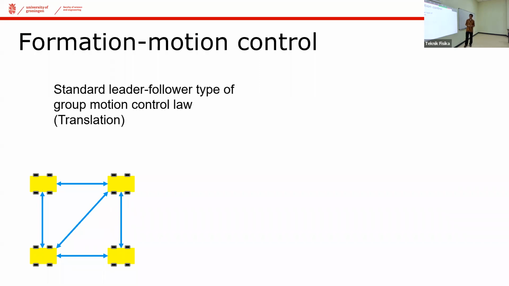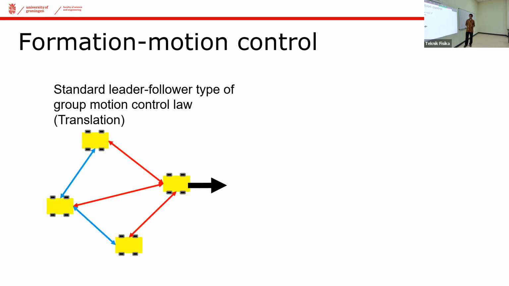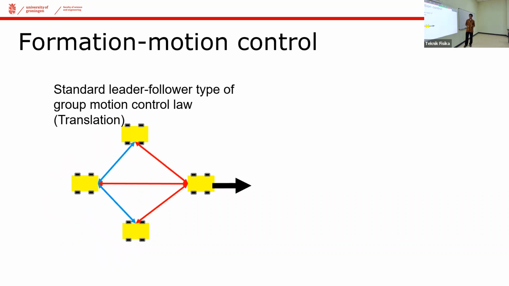One easy way to do that is to assign one of the robots as a leader. I would assign this top right one as a leader. When you move it, it will create an error in the distance in this case. The other agents try to correct it, but since the leader is always moving, the others try to follow up.